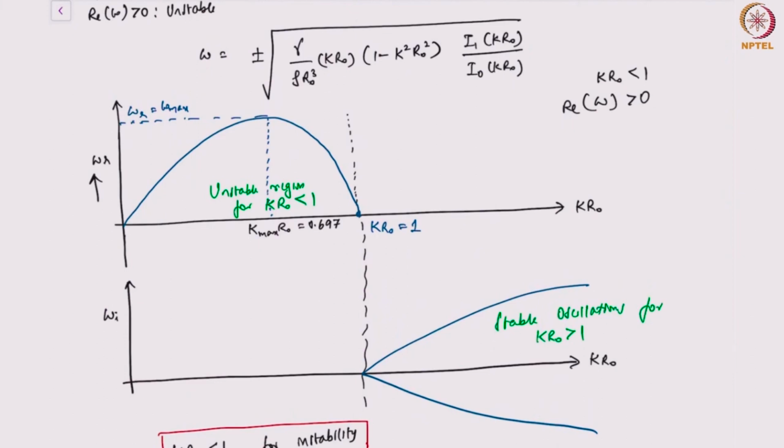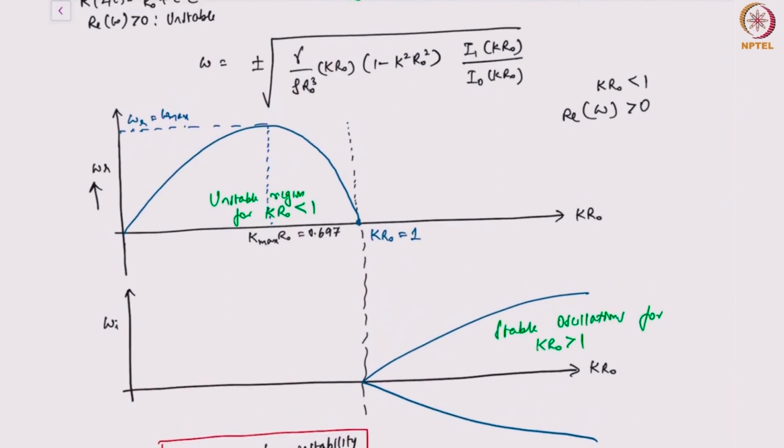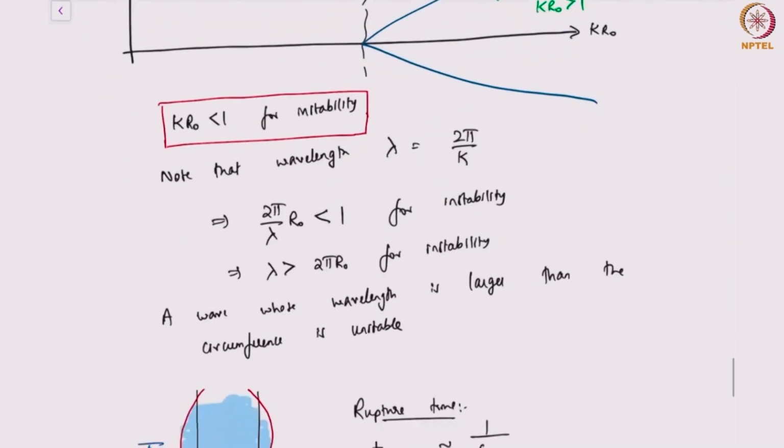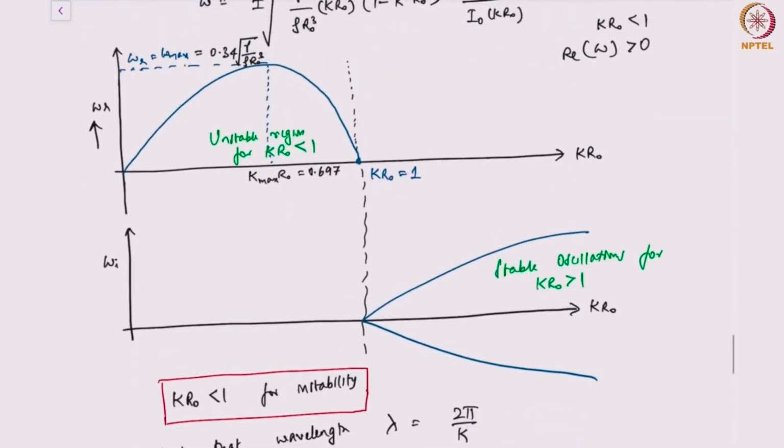Okay, and the value of the growth rate, if I remember correctly, is something like 0.34 times gamma by rho R0 cube. So all I'm doing is substituting that most dangerous mode value.